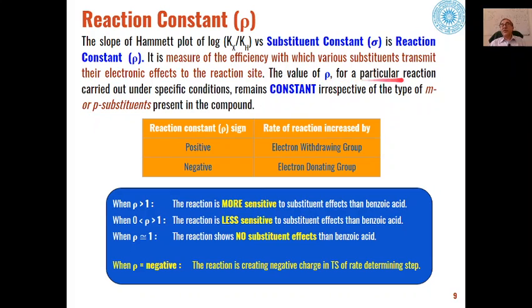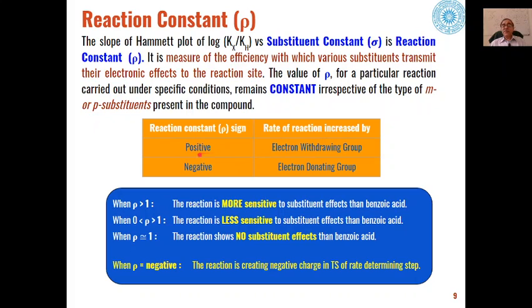So the value for a particular reaction carried out under specific conditions remains constant irrespective of whether there is a meta substituent or para substituent present in the compound; in the given reaction that value of reaction constant will remain constant.